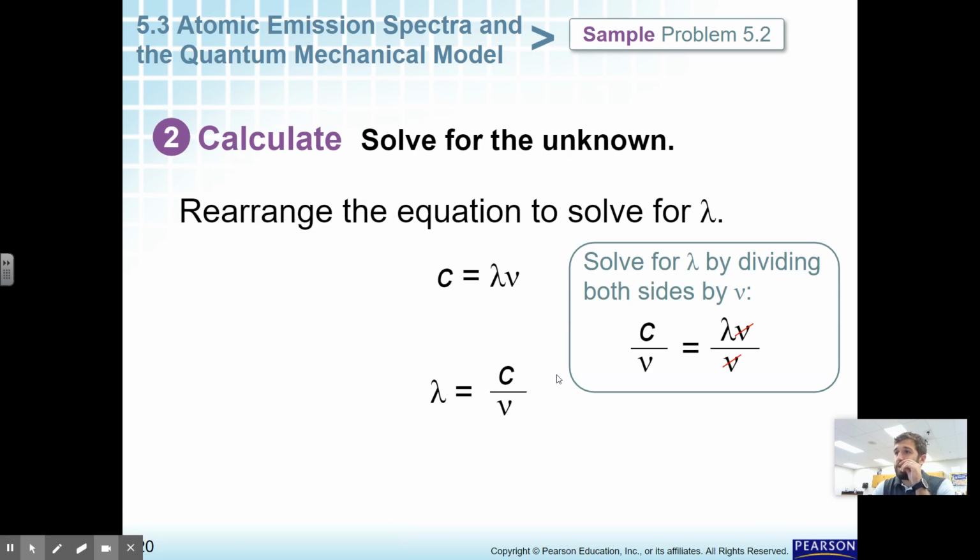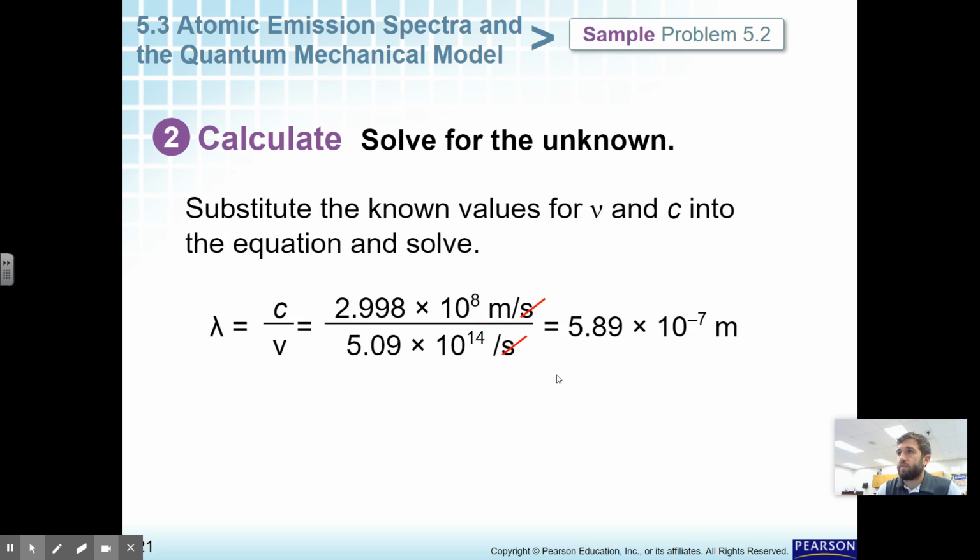To do that, you rearrange this equation like you would in any math class. You have to get wavelength by itself, so we have c over v. You take the speed of light, then the frequency down here, and divide these two.